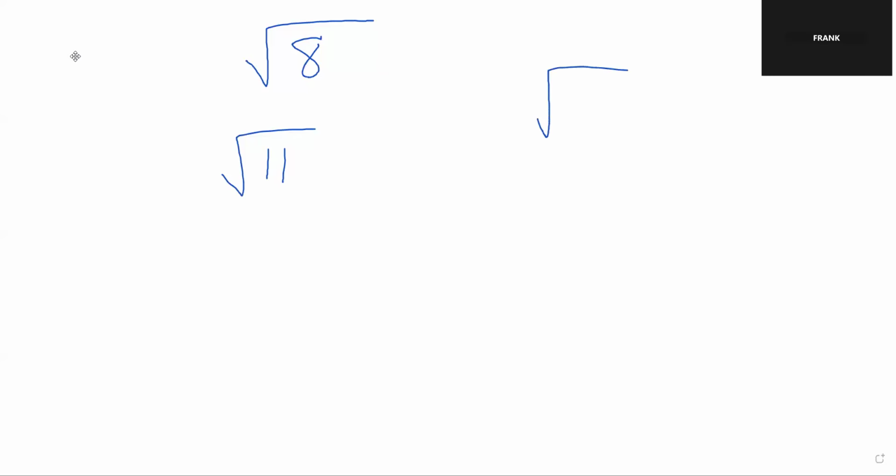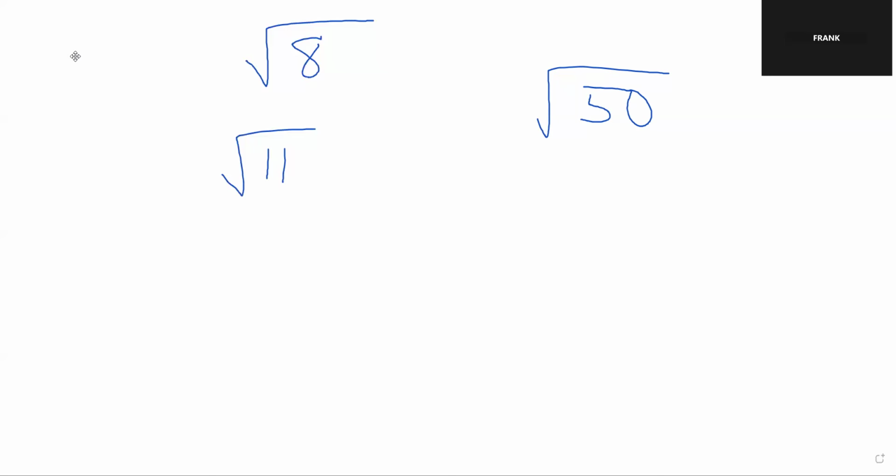Try out this one. Is root 50 a reducible set or not? If you use 4 to divide this, you're going to get 12 and there'll be a remainder of 2. Then you try the next one. If you use 9, you get 5, 45, and there'll be a remainder of 5.